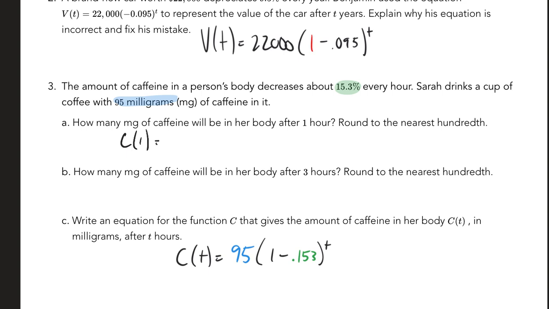So as I type in my calculator, I'm going to type 95, parenthesis, 1 minus 0.153, caret 1. Now I don't need parentheses here because there's just a 1. It's not 1 times something, 1 minus something, it's just 1. And so my calculator's not going to be confused by that. It's when there are complex things, like subtracting, that can be enough complexity to mess things up.